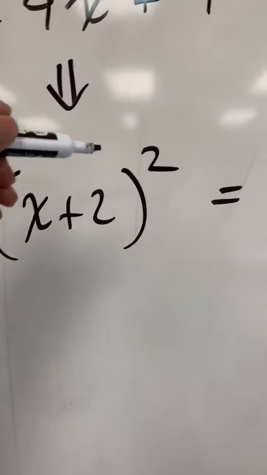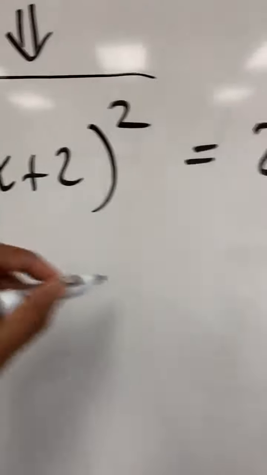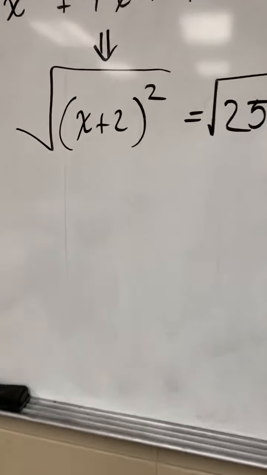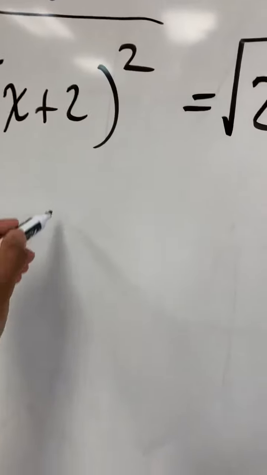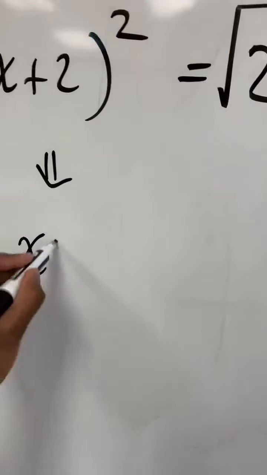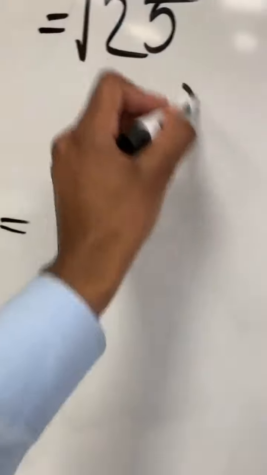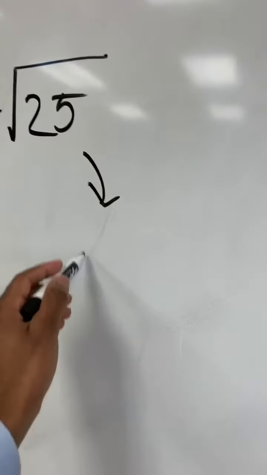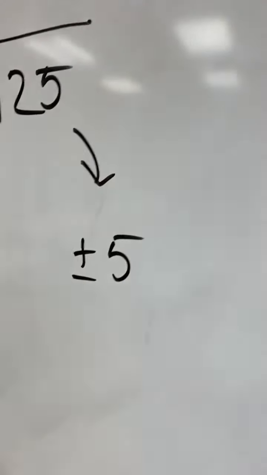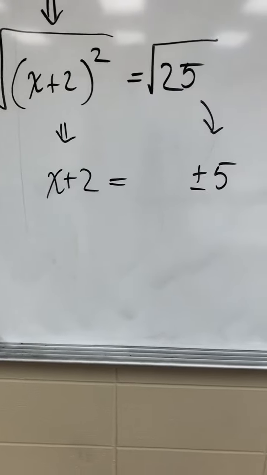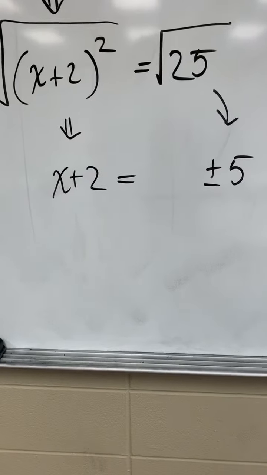Now, all I have to do is take the square root of both sides. When I take the square root of both sides, this gets rid of the second power, and now I can bring down the x plus 2. This one could be either a positive 5 or a negative 5, and we'll get into the reason at some other time if you don't already know.